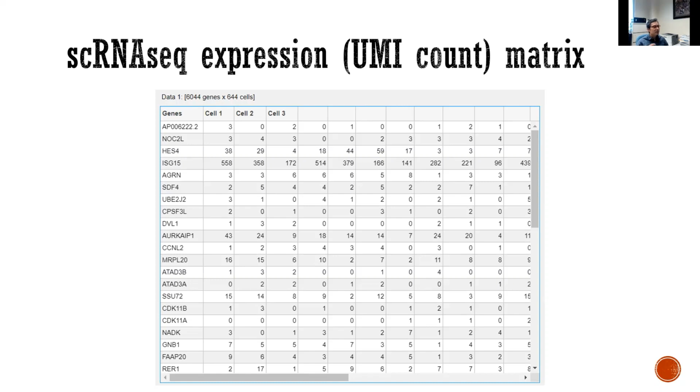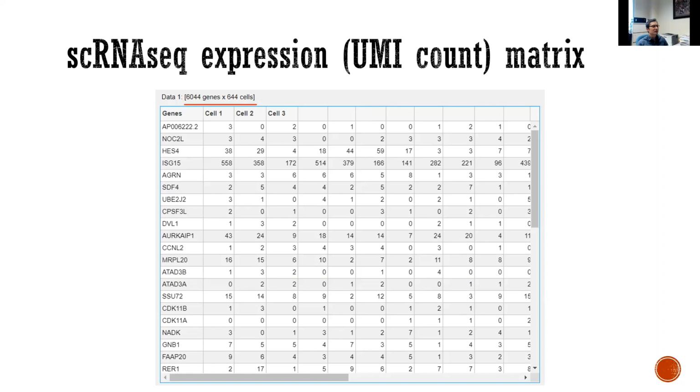Each number here is an integer greater than or equal to 0, and indicates the expression level of the gene. In this particular example, this matrix contains over 6,000 genes and their expression in 444 cells.